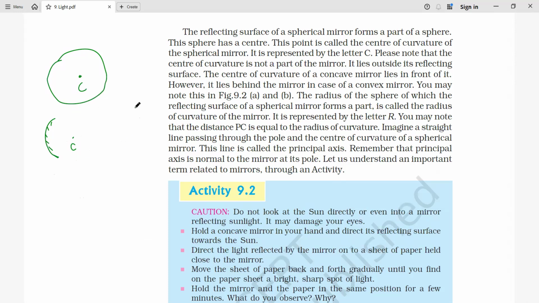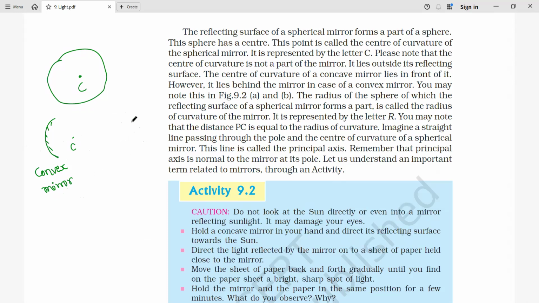So in the case of a convex mirror, where is the center of curvature? Behind the mirror. It is not in front of the mirror, it is behind the mirror.